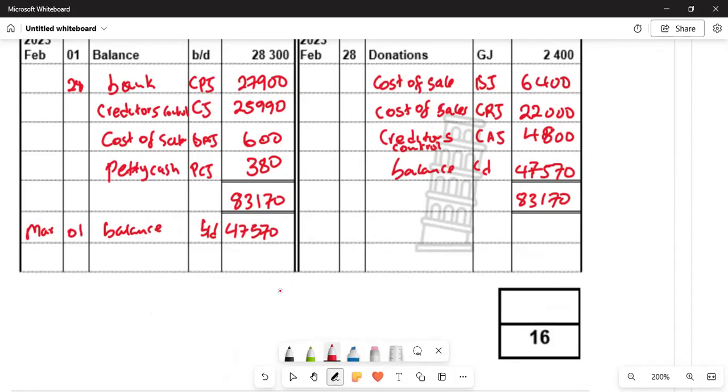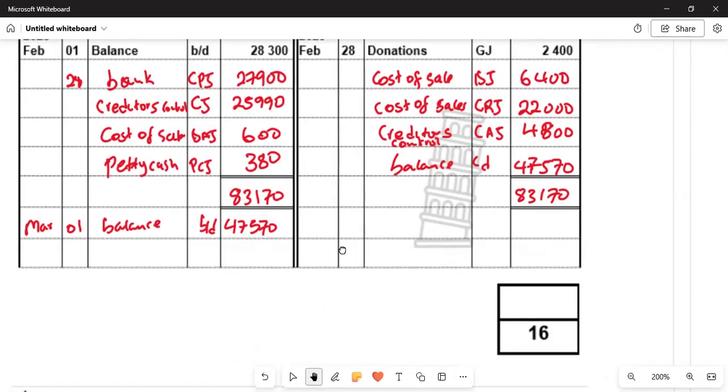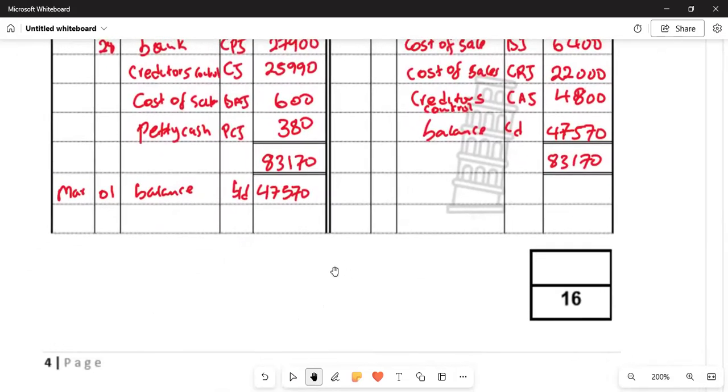That is very important for you to understand, because that will make it easy when you are doing debtors control, trading stock, and that. So now let us go and do the stationery.